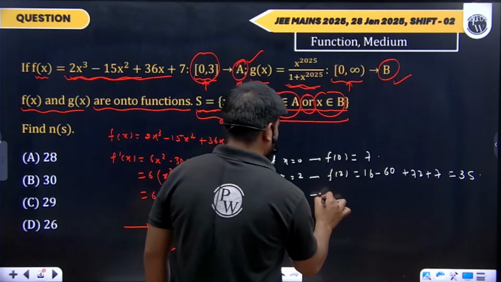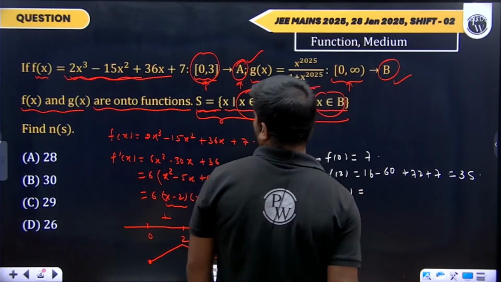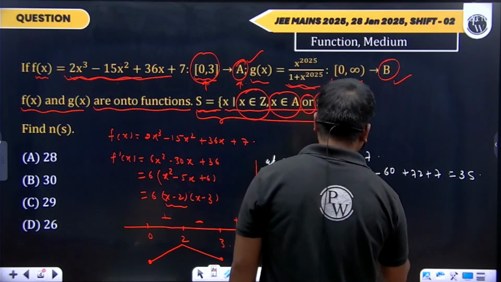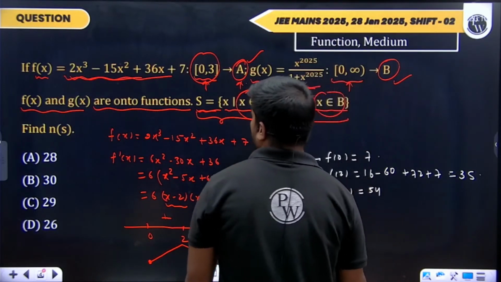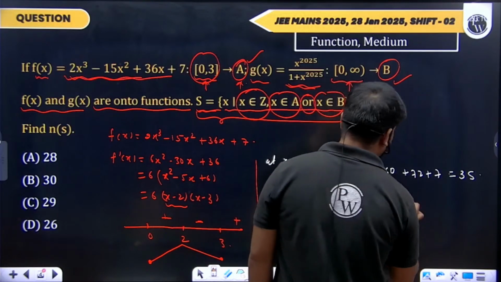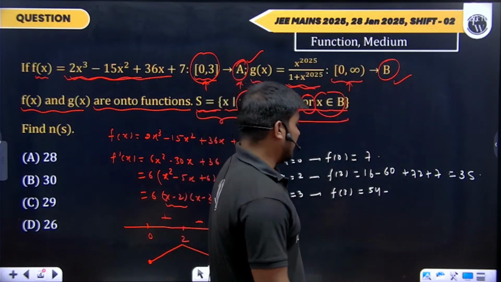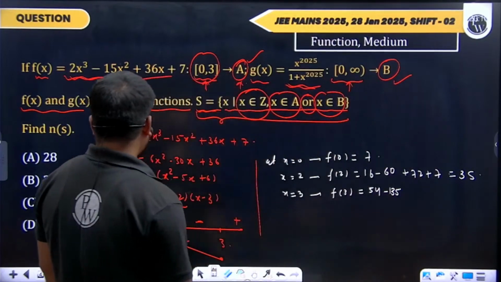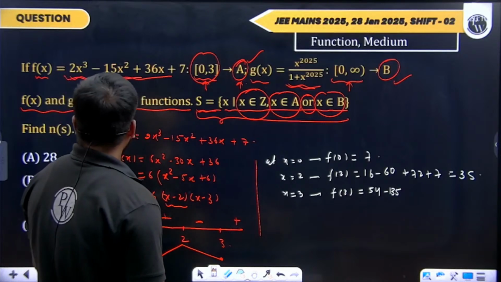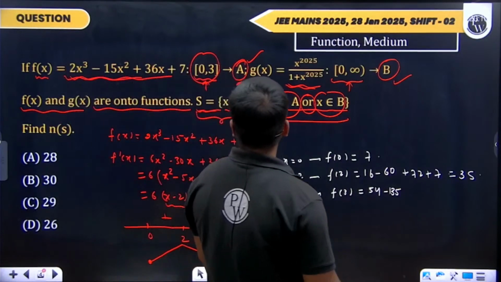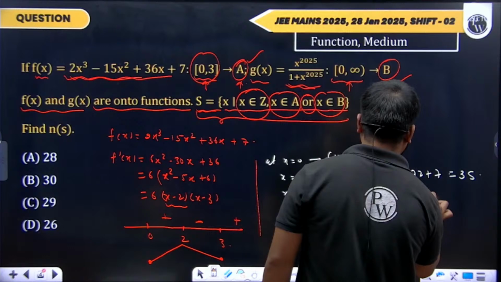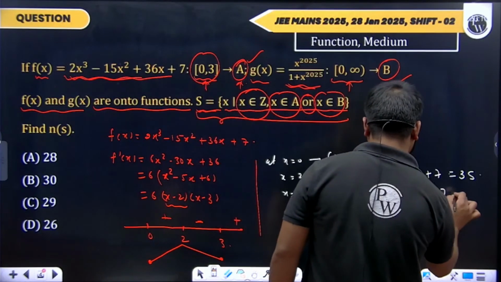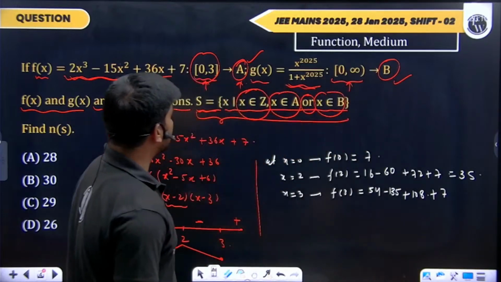The value of f(3) will be 27 into 2 is 54, minus 9 into 15 which is 135, and 36 into 3 is 108, plus 7.